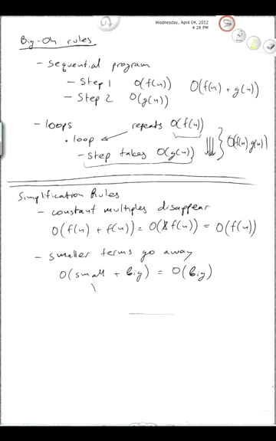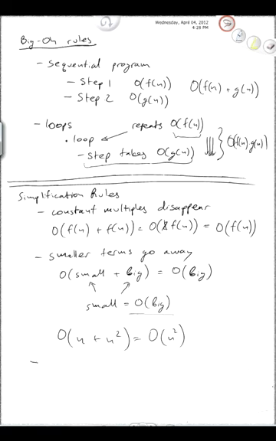And in particular, what I mean by small and big here is that small has to be big O of big. So just to give you a very specific example, if I have O of n plus n squared, the bigger term here dominates. So I know that n is big O of n squared, so the sum of these two is just going to be O of n squared. So this rule just lets us know that if I know for a fact one of the 2 terms is going to be smaller, I can drop the smaller of the 2.